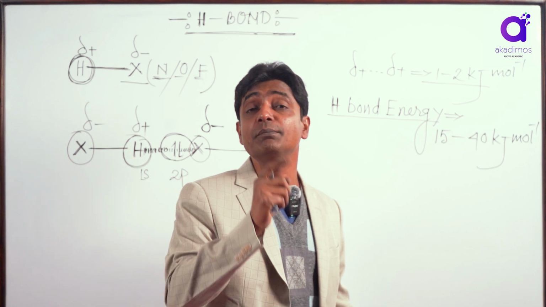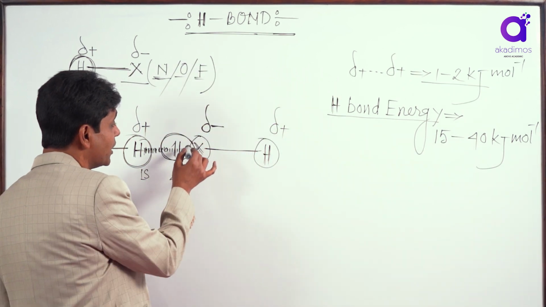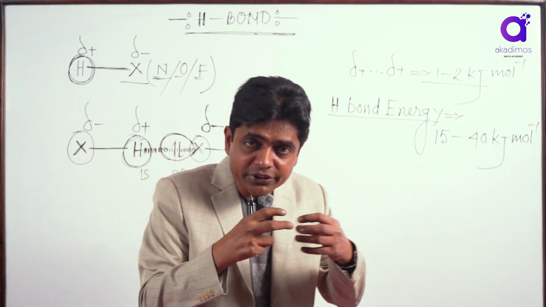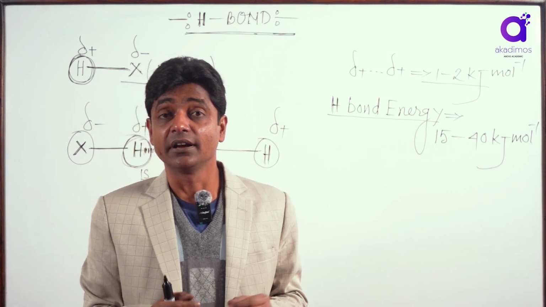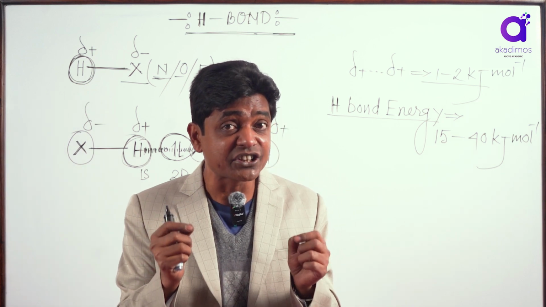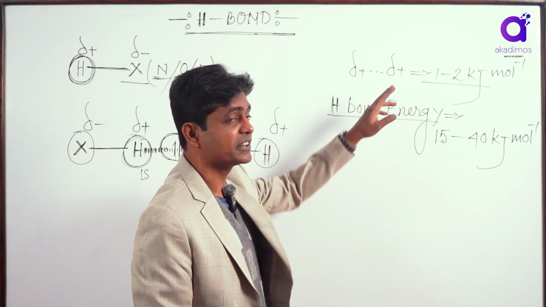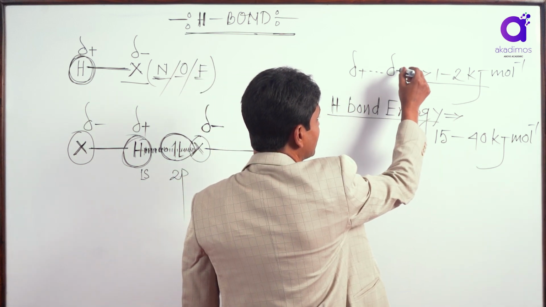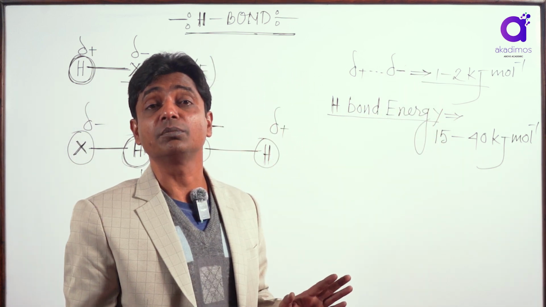And one thing remember, since here overlap will occur, overlap between this with this, and you know, when orbitals overlap along a particular direction, like a sigma, it is a directional bond like a sigma. You know, dipole-dipole interaction is not directional. Dipole-dipole interaction is not a directional interaction. But hydrogen bond, remember, is a directional bond.